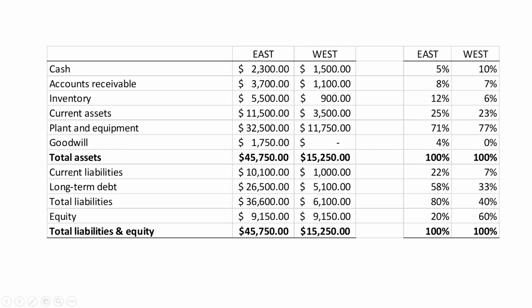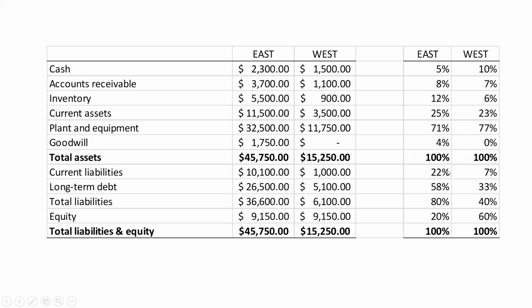We can see that East has a lower liquidity position than West, because the current liabilities are 22 and 7. The difference is 3% here, and here we've got more than 10%, around 16%. So it tells us that West has a higher liquidity position and East has a lower liquidity position.